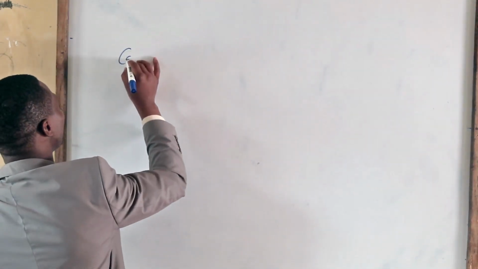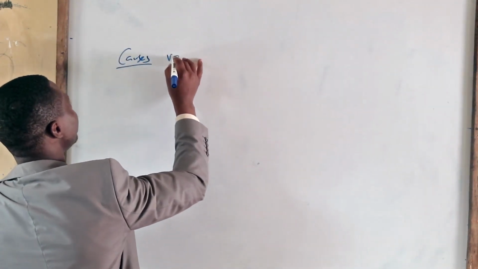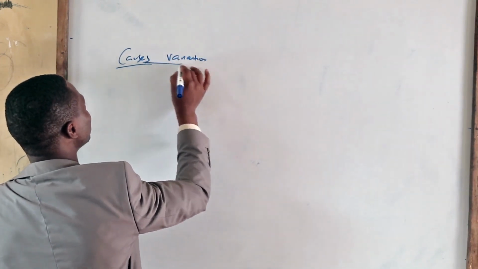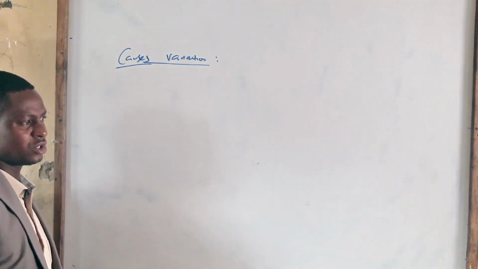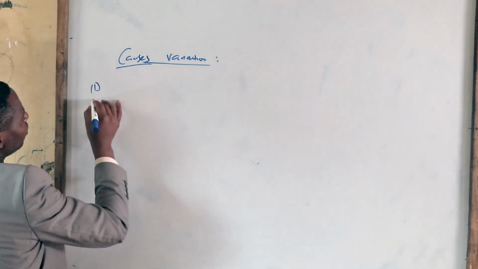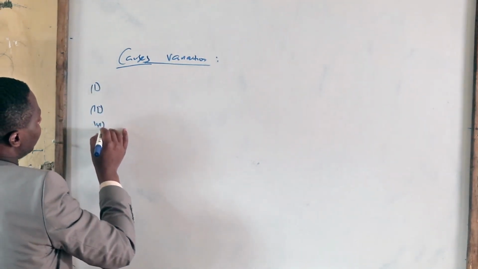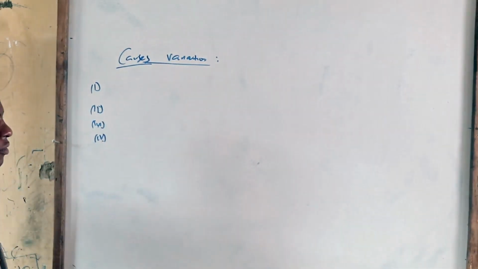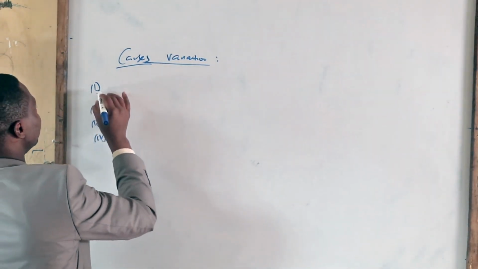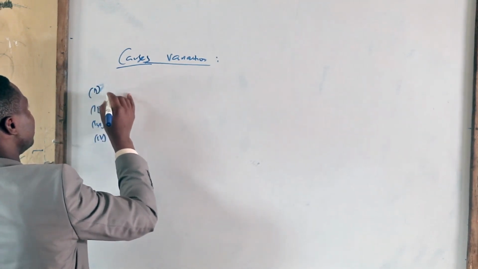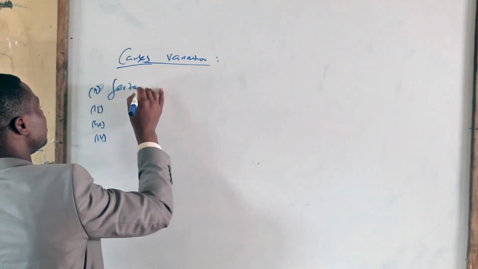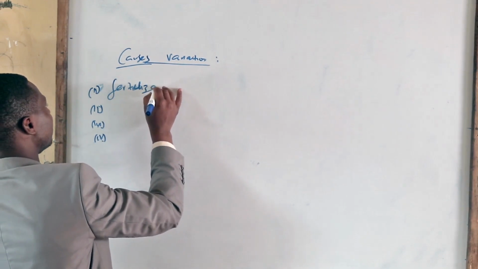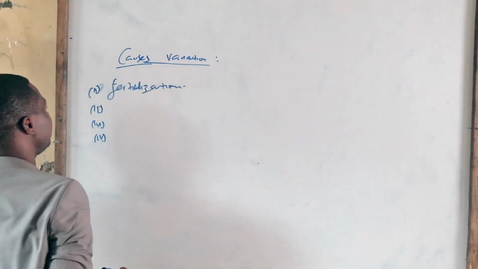Again, what causes this variation? What are the causes of variation? Now, we are going to list them and then we are going to explain them one by one. Now, one cause of variation is fertilization.